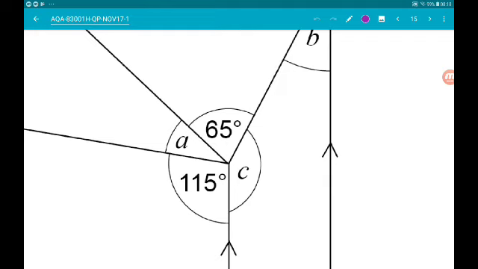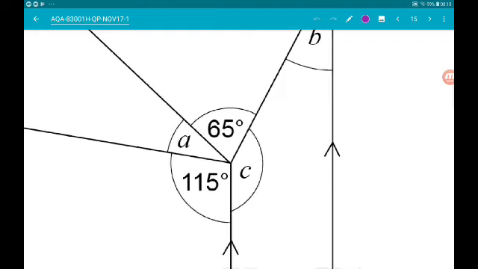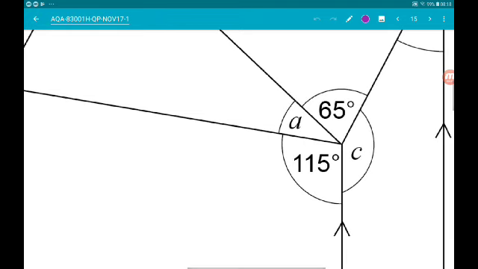For example, we know angles around a point add up to 360. So we can say that A add C add 65 add 115. So 65 add 115 is 180.